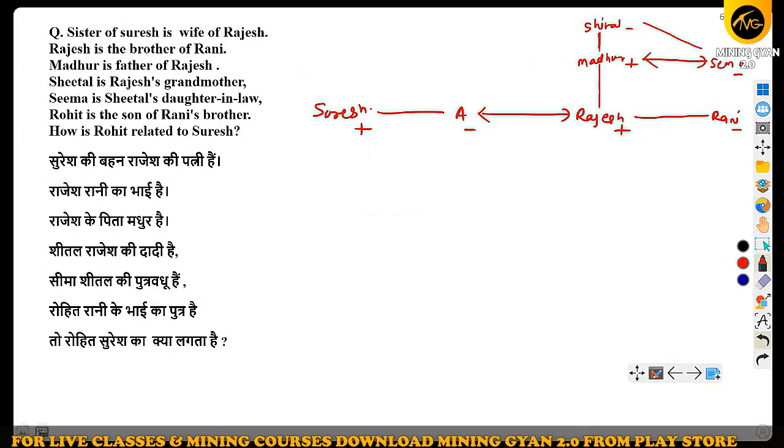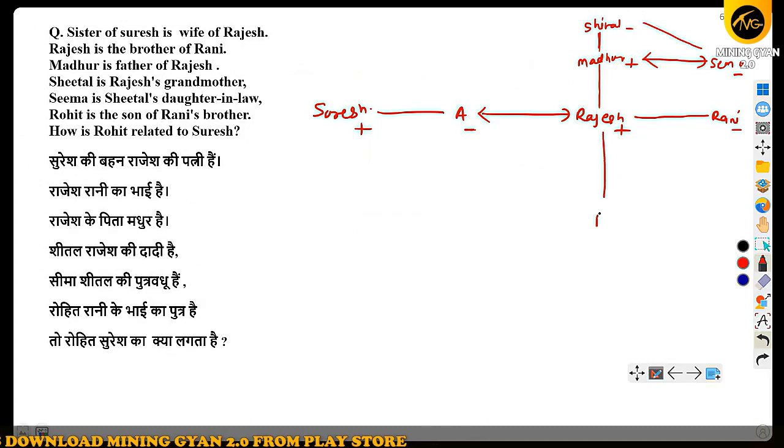Okay, Rohit is the son of Rani's brother. So this is Rani and Rani's brother is Rajesh. So Rohit will be in the third generation and Rohit will be son of Rajesh.